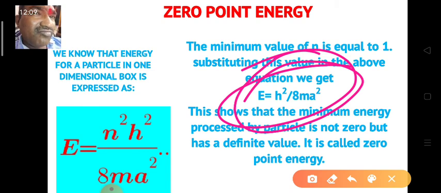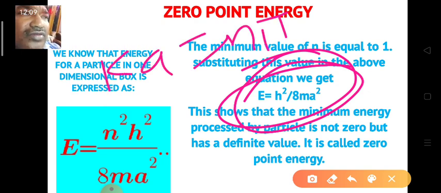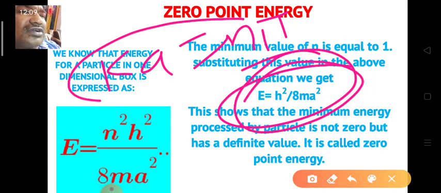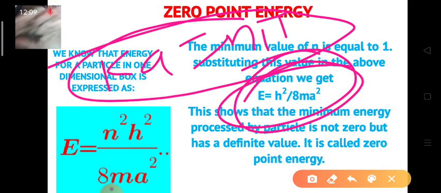Sin ka becomes 0 whenever ka becomes equal to n pi; only then sin ka becomes 0. So from this we got the concept of quantization.